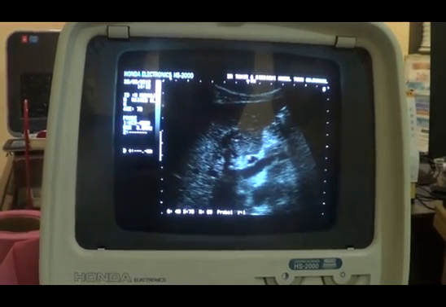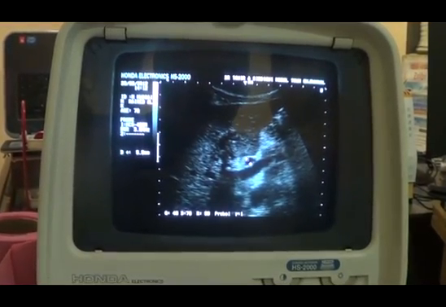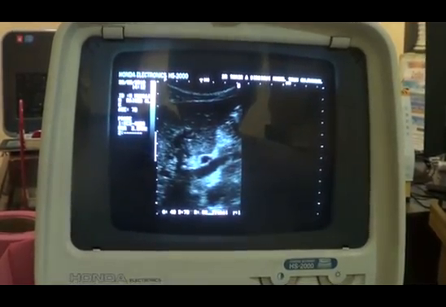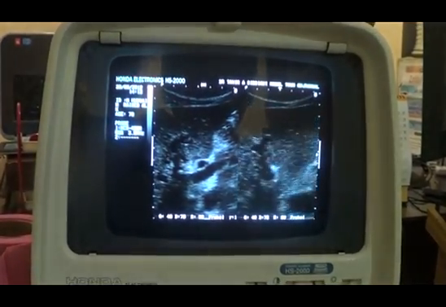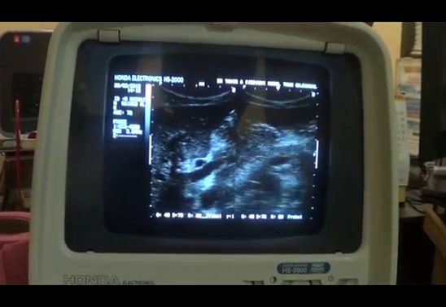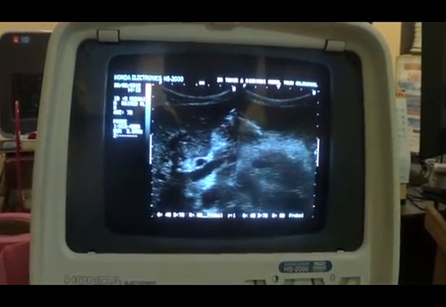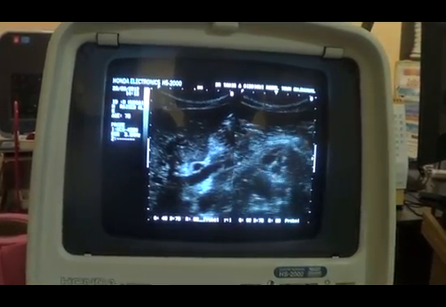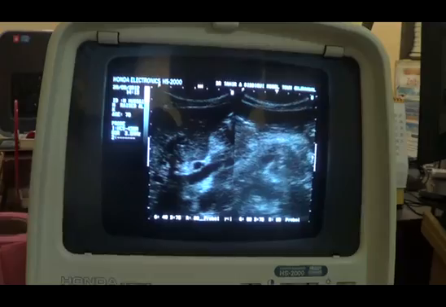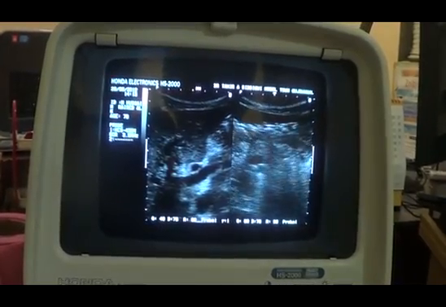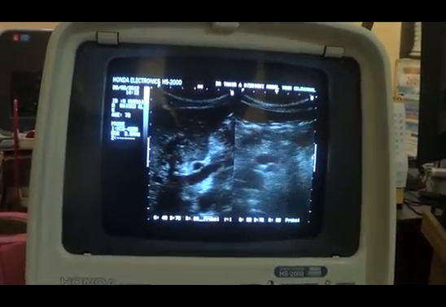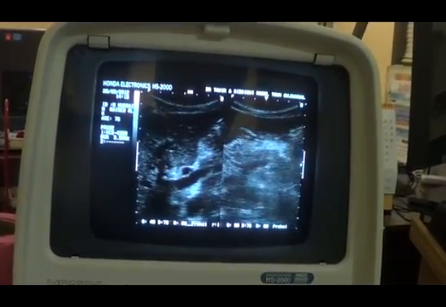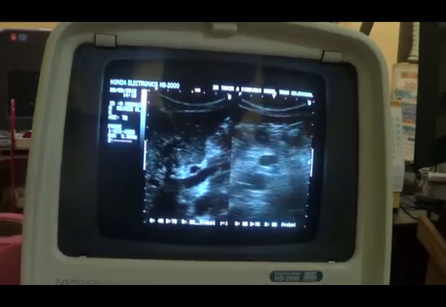Measures 5.6 and is not dilated. Up to 7 is considered to be normal. Now you see that when I go transversely and try to get the pancreas, I am getting the pancreas by its landmarks as well as known texture.